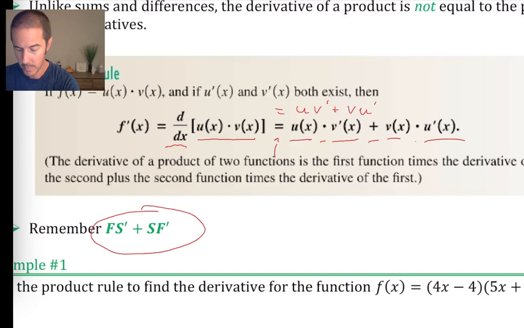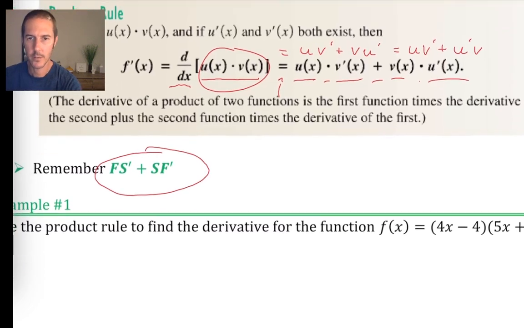Or if you want to keep the U's and the V's in the same order, you could write it as U times V prime plus U prime times V. Whichever one of those is going to work best for you, pick it, write it into your notes, and stick with it. As long as you've got the derivative of both and the originals of both mixed together with a plus sign between them, you're in good shape.